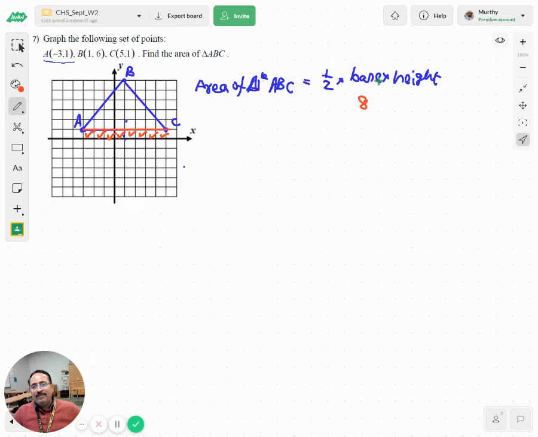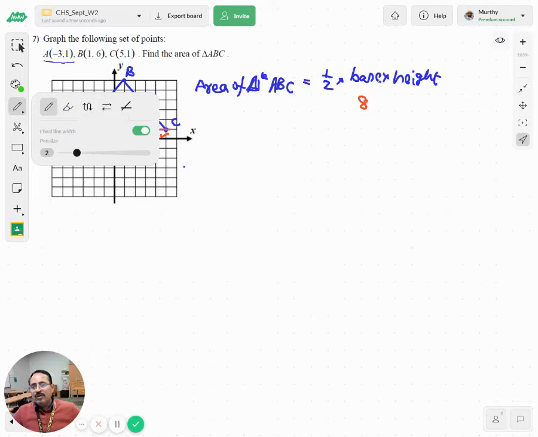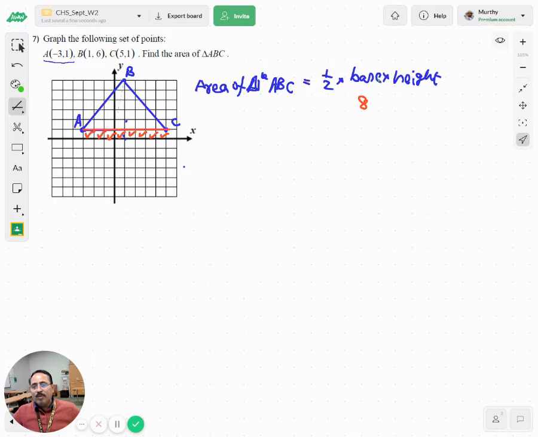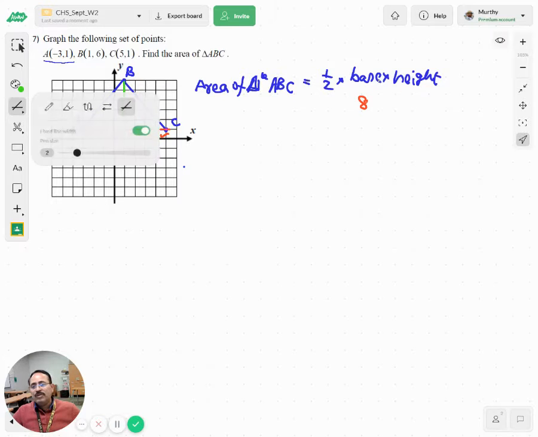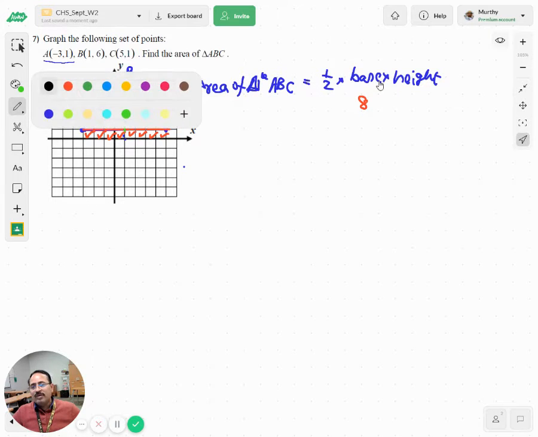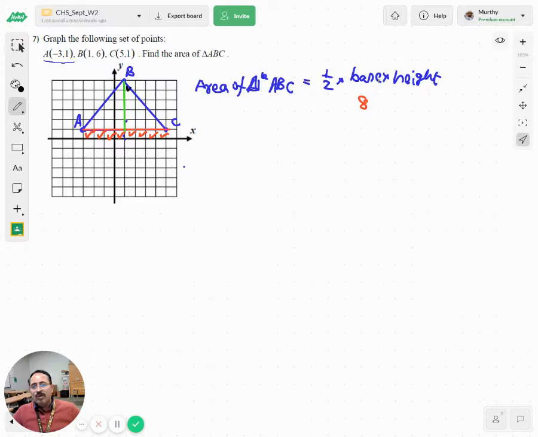And height, let me pick a different color. You can see that point B is the highest one. So if I start counting, it is 1 block, 2, 3, 4, 5. So height is 5 units.